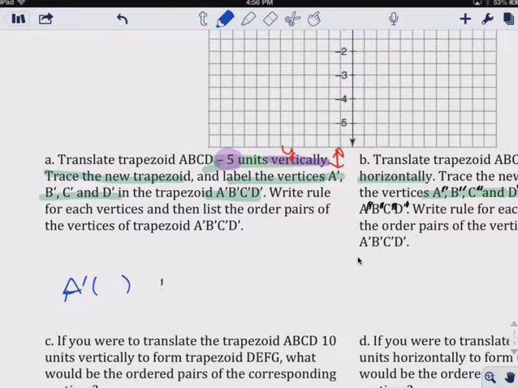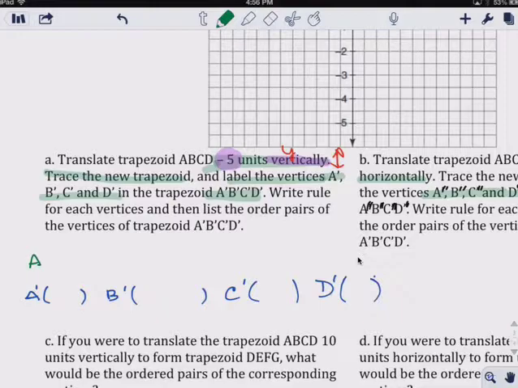We need to find B prime. I'm going to write smaller, sorry. A prime. We want to do B prime, C prime, and D prime. Oh, I need to write smaller, sorry.